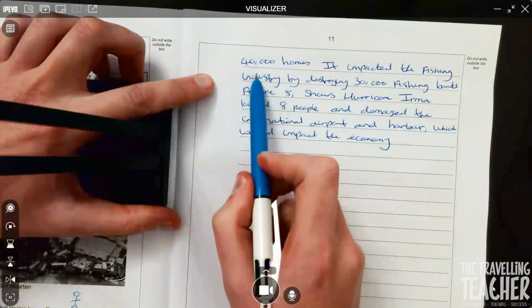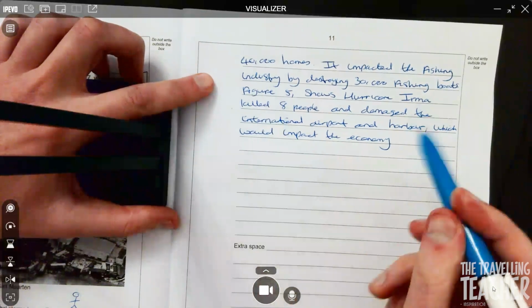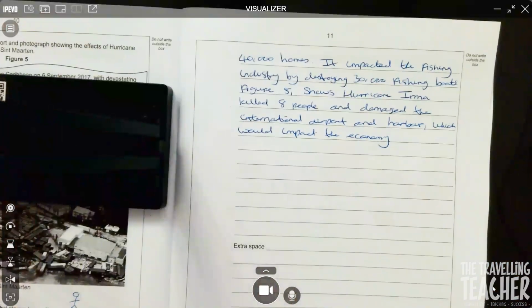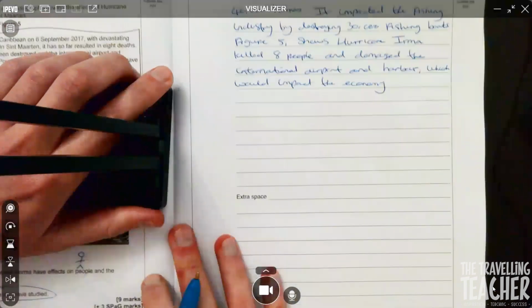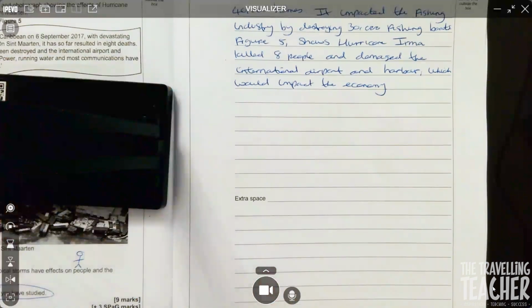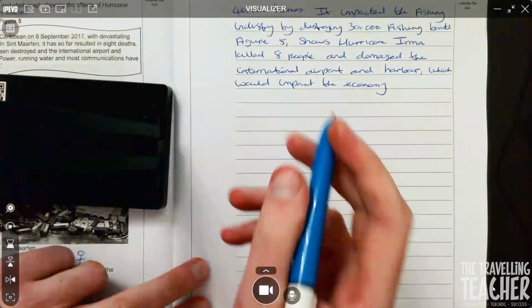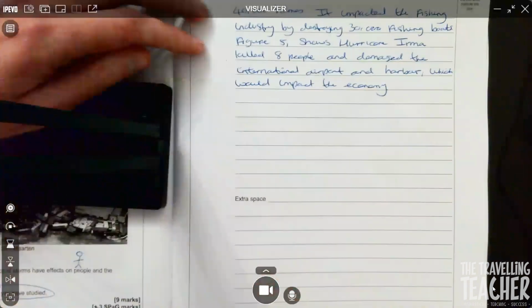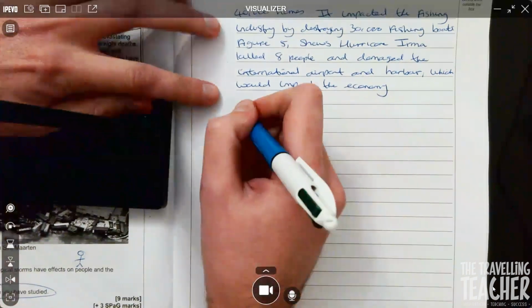So that's my own case study. Figure 5 shows Hurricane Irma killed 8 people, damage to the international airport and harbour, which would impact the economy. Loads of things there, and I've spoken about my own case study and I've referred to the figure. So now we're going to talk about the environment as well.